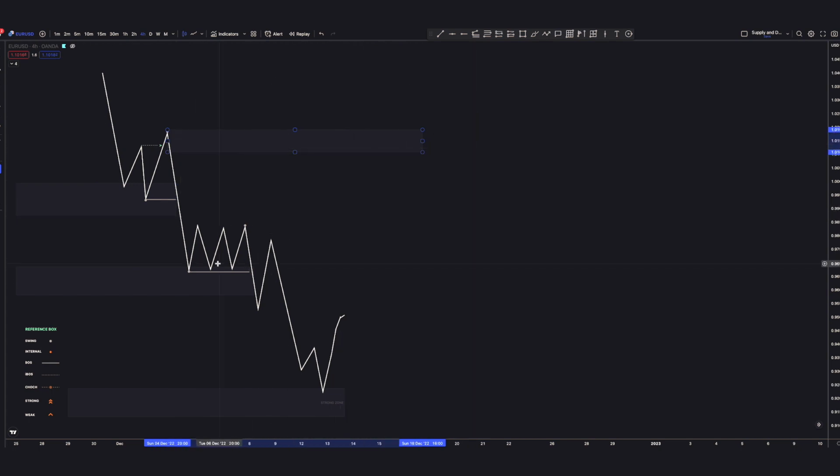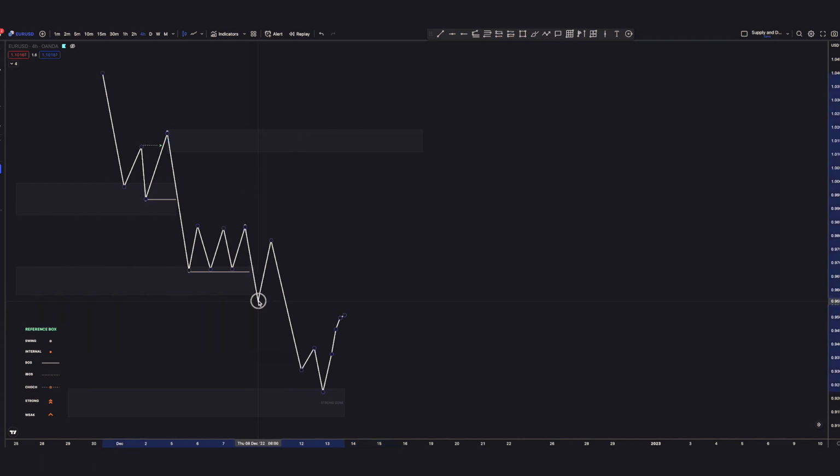Same thing, another reaction. Price was ranging here, then we had a break. So this demand zone failed to hold price. When you see me going over the analysis, and I say this demand wasn't respected or couldn't hold, it's because there was a break.